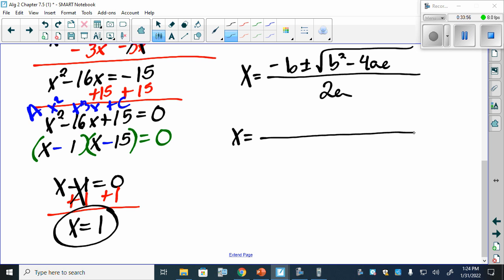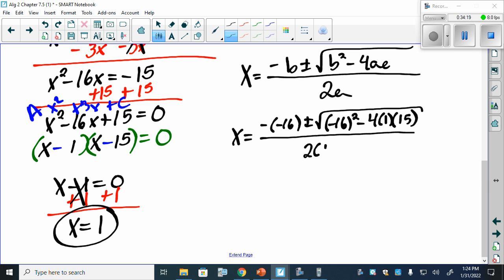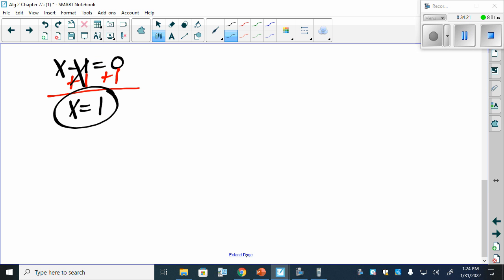So at this point here, we would plug these numbers into the equation. So we start off with negative b. Well, that'd be negative negative 16 plus or minus the square root of negative 16 squared minus 4 times a times c, which is 15, all over 2a.